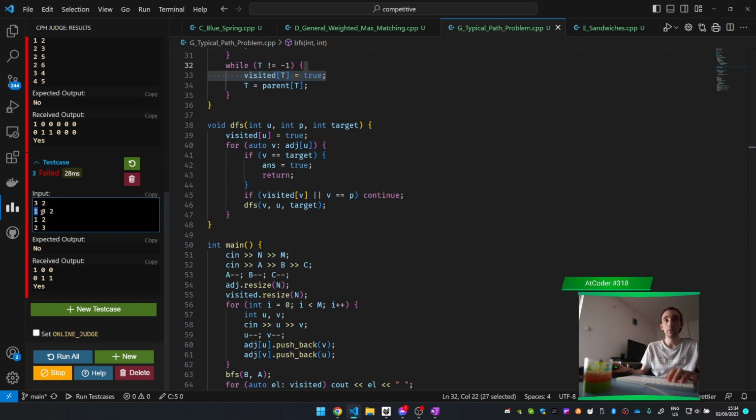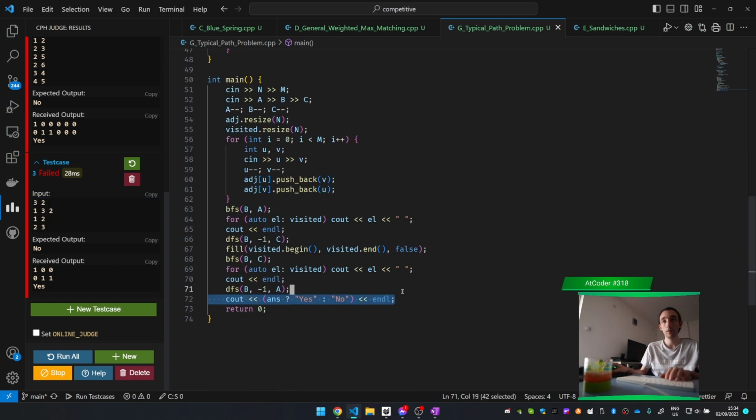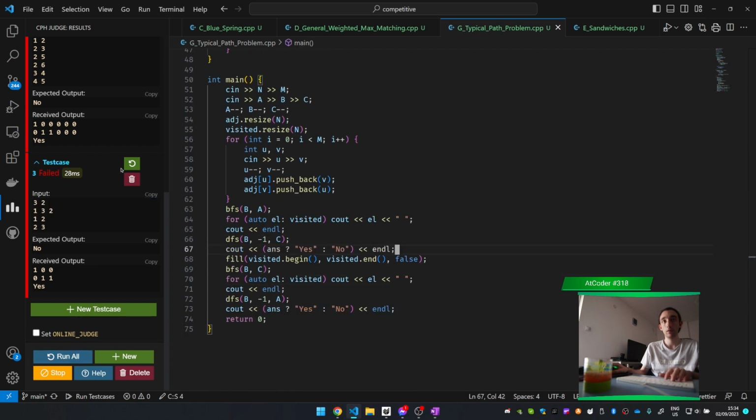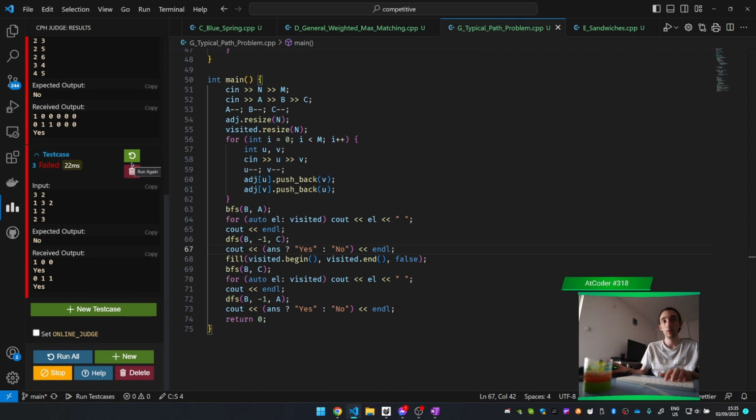This is visited from 1 to 2. So from 1 to 2 is visited. And then from what?